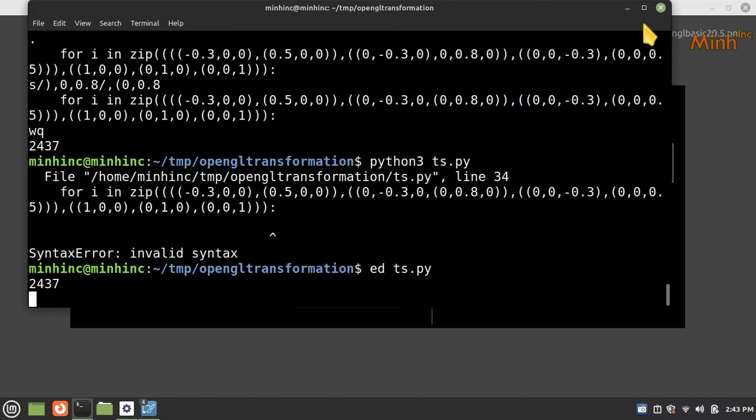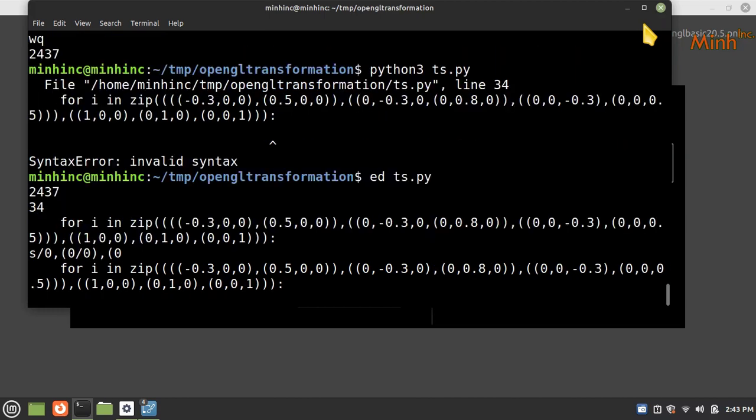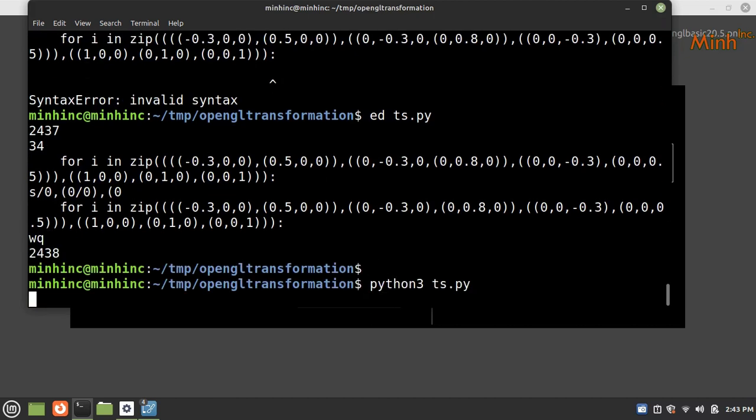Okay, so 0 comma 0, 0 comma 0. Okay, it is better now. So these braces I had removed by mistake.